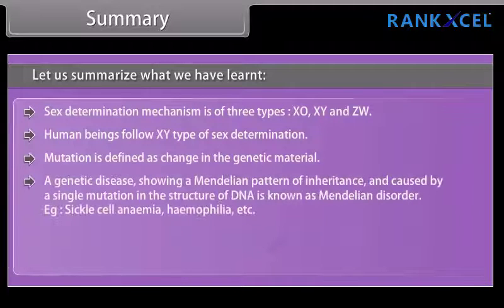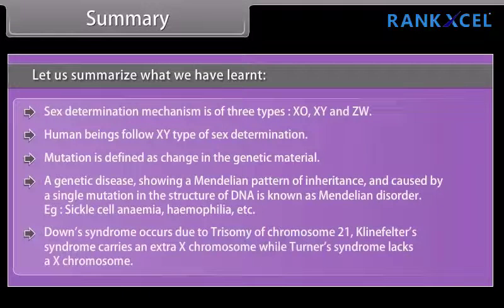A genetic disease showing a Mendelian pattern of inheritance and caused by a single mutation in the structure of DNA is known as a Mendelian disorder. Example, sickle cell anemia, hemophilia, etc. Down syndrome occurs due to trisomy of chromosome 21. Klinefelter's syndrome carries an extra X chromosome, while Turner's syndrome lacks an X chromosome.